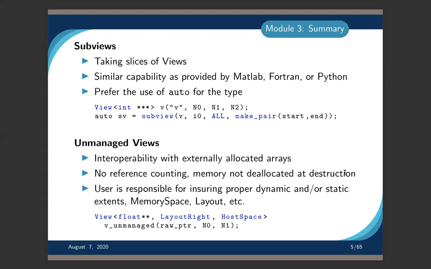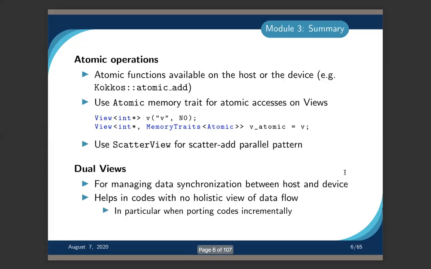Either you have out of bounds access, or you give a host space view to deep copy and it thinks it's a host space thing, and it actually was allocated with CUDA malloc, then you will crash with a segmentation fault.